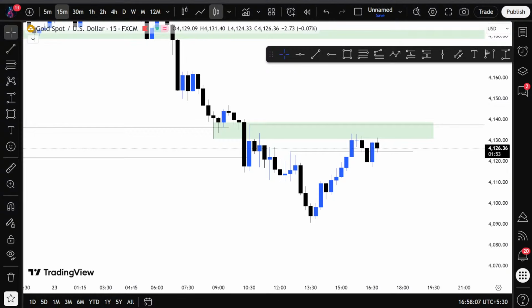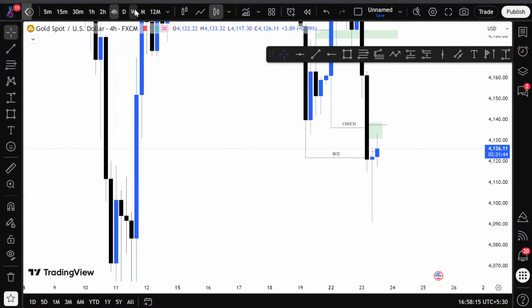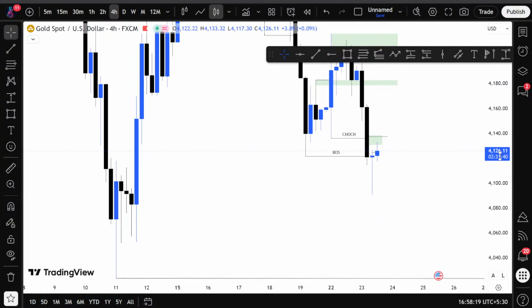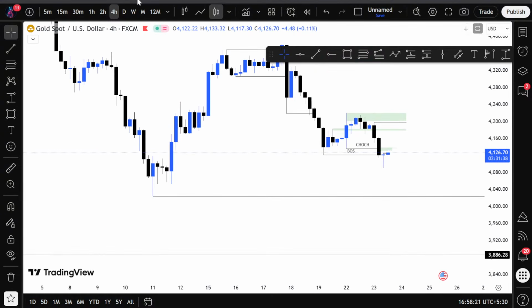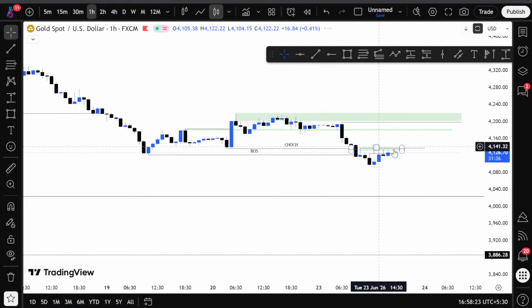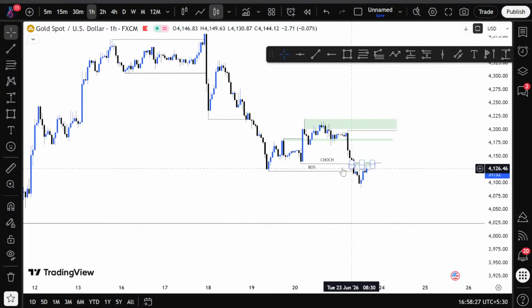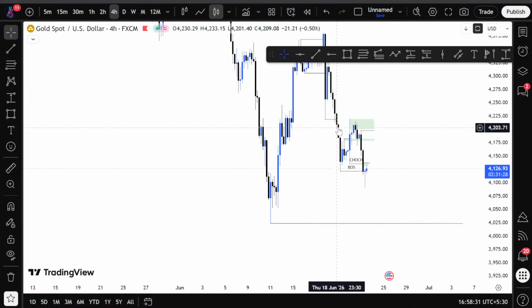How can we recognize what time frame we need to change the buy and what signs are we looking for? The simple thing is our weekly is bearish, daily is bearish, 4 hour is bearish. So the smallest time frame which is bearish right now is our 1 hour time frame. So if the 1 hour time frame gets bullish, 4 hour is still bearish.